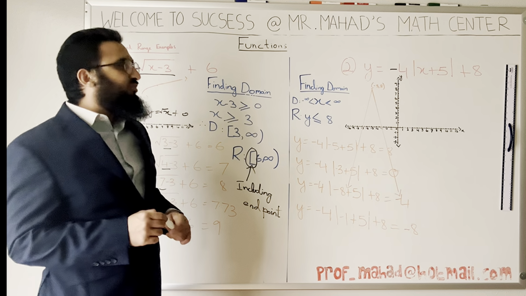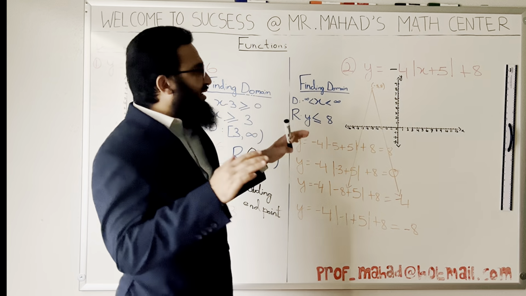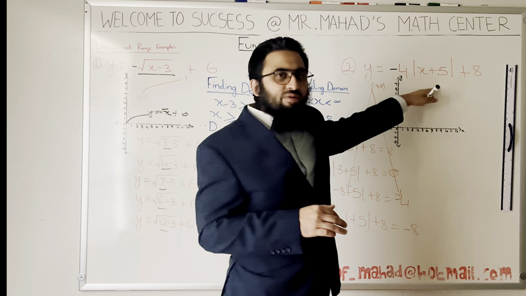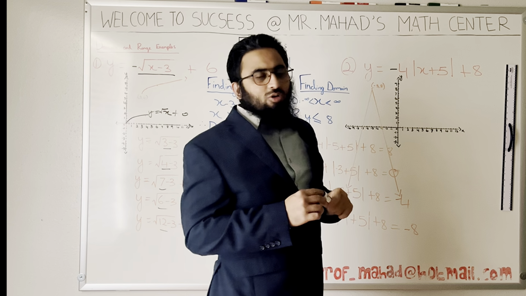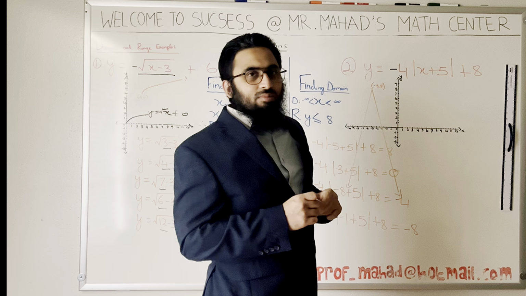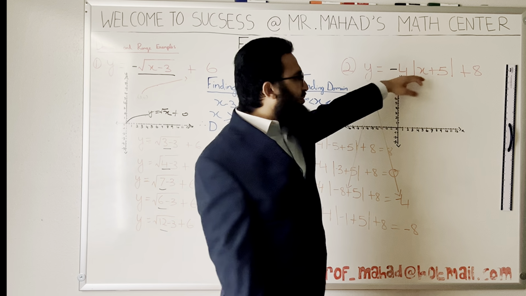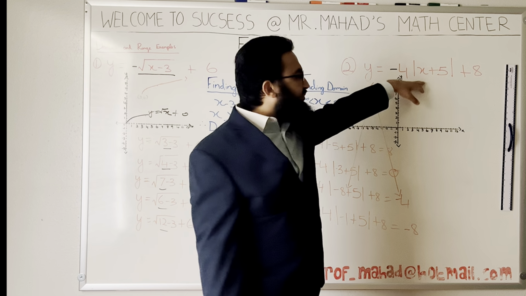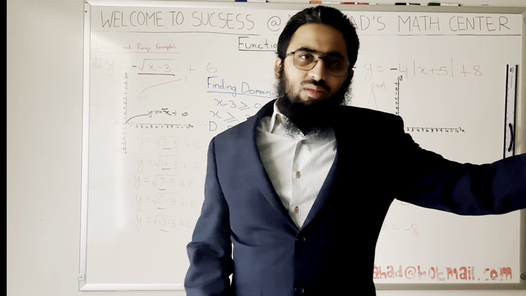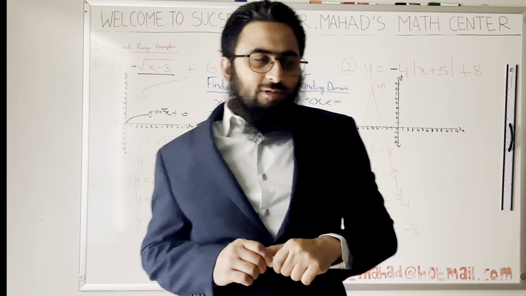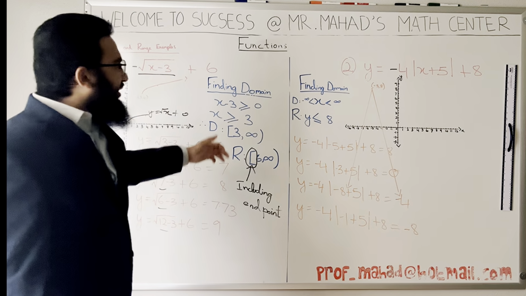Well, the answer is we can use any x value, because every x value will give us an output as long as it's a real value. The only thing is that this absolute value will disregard any negative sign.